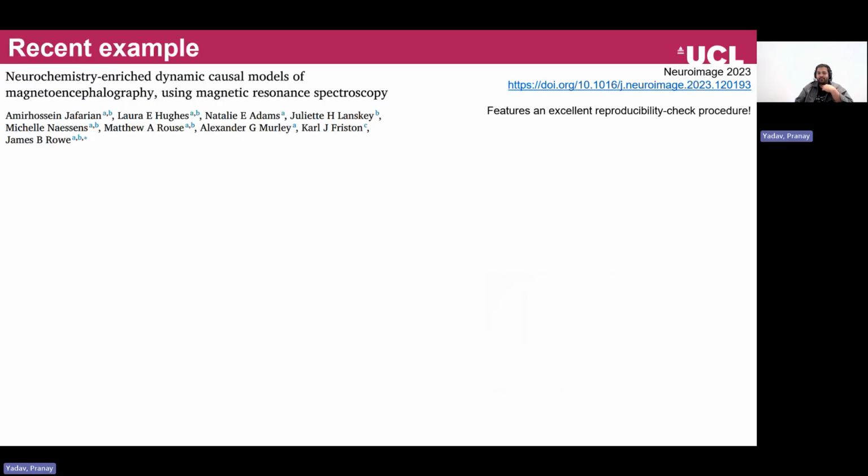And a very nice example along these lines was published recently by Amir Hussain Jafarian. Among other things, it also features an excellent reproducibility check where they consider odd and even trials separately and show that they yield similar estimates.